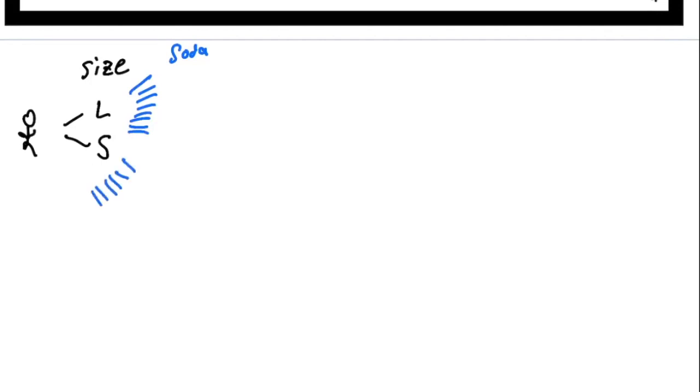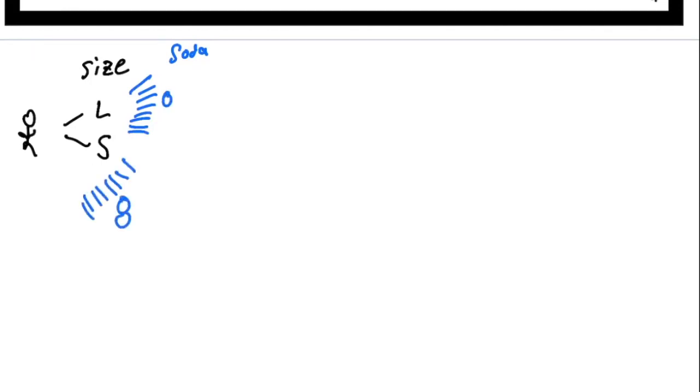So you can think about starting here. You can pick either, let's say, a large or small cup size. And then for each of those, you have 8 different choices for the type of soda. So 1, 2, 3, 4, 5, 6, 7, 8. And down here, 1, 2, 3, 4, 5, 6, 7, 8.